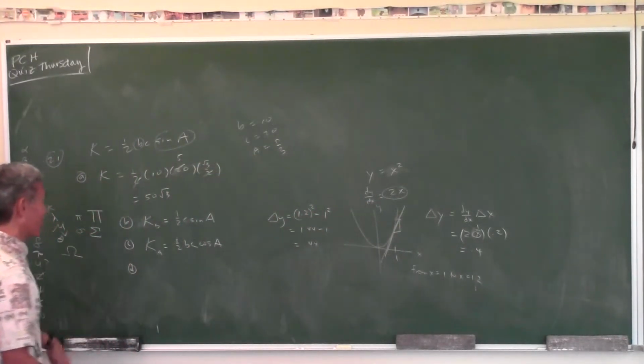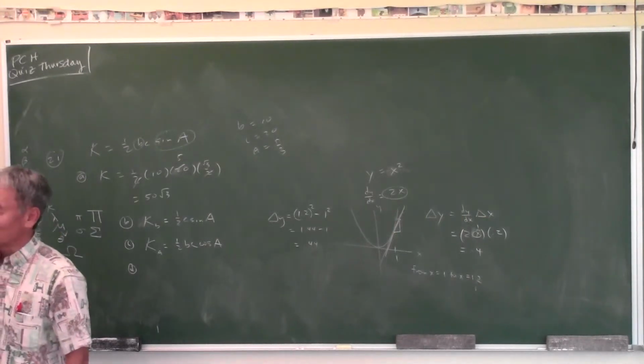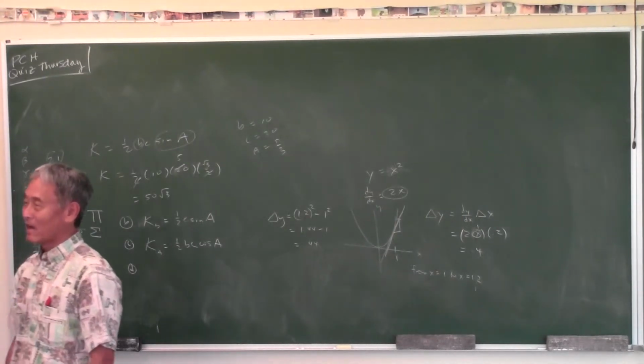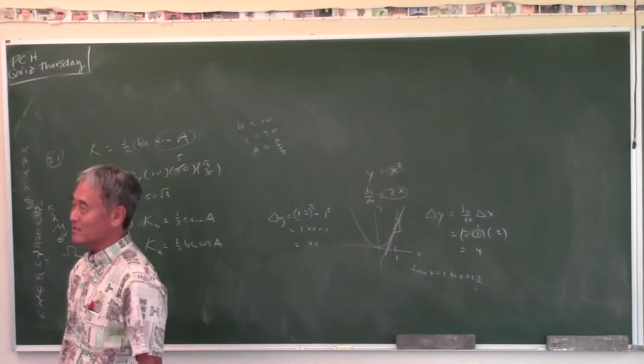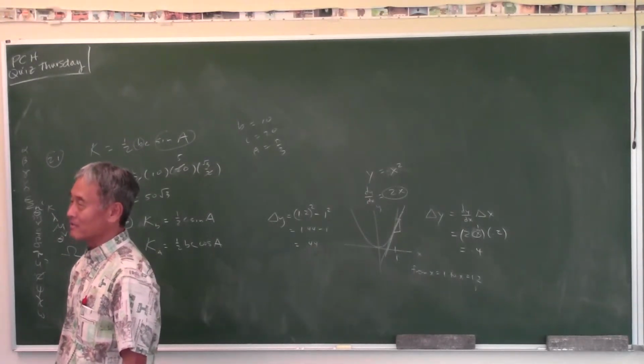Okay, so let's do problem D. Using the rate found in part C, calculate the approximate change in area if the angle is increased by 1 degree.